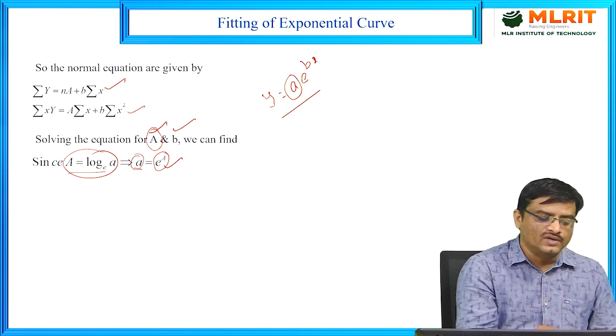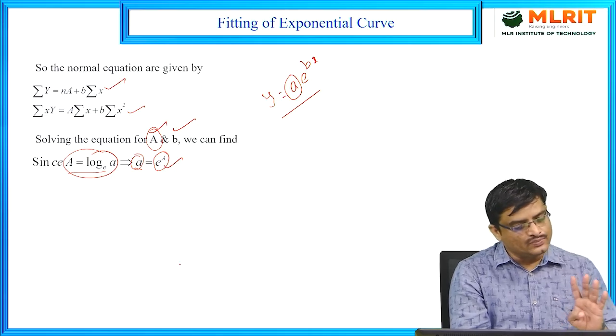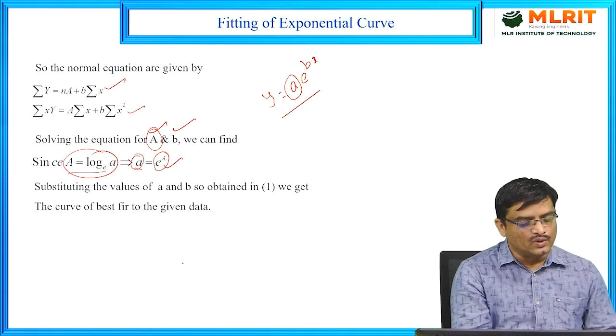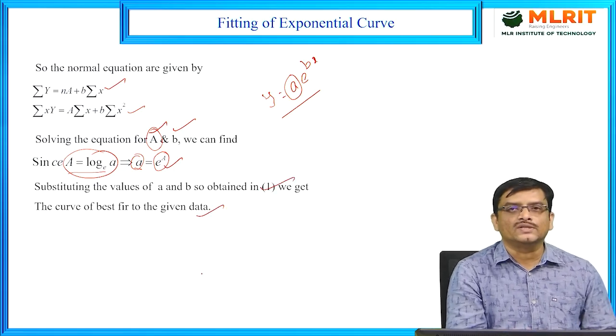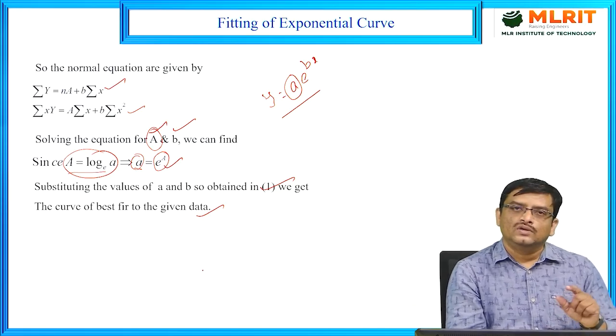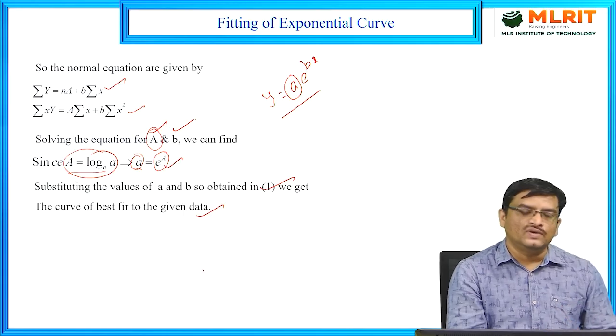You consider that value as the small a value here. So now we have small a and small b in our hand. Immediately you substitute that small a and small b in equation 1. Then we can get our required exponential curve for the given data. This is the procedure we have to follow to fit an exponential curve for the given data using the method of least squares.